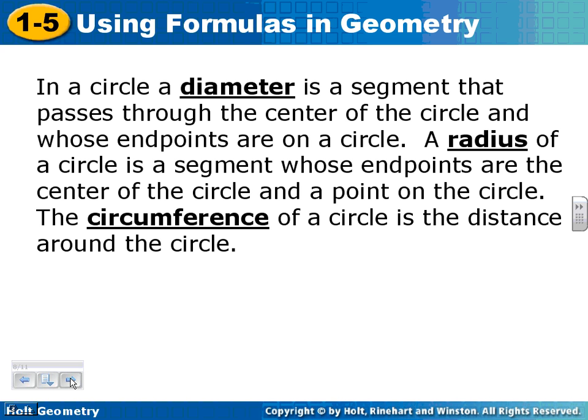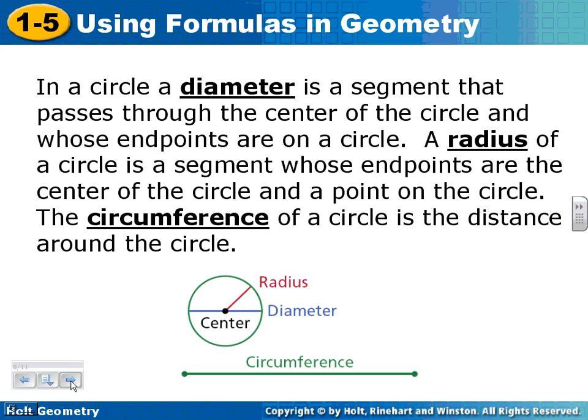You should know that a radius is half the diameter. Keep reading. The circumference of a circle is the distance around the circle. Circumference and perimeter kind of mean the same thing. So you have this little diagram down there. Again, you should be familiar with radius, diameter, and circumference.